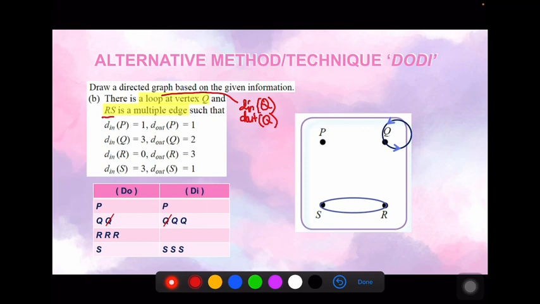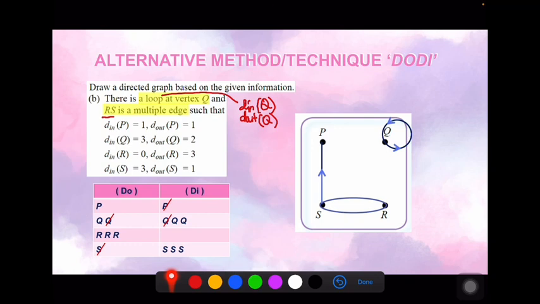Okay, now let's consider the letters from the table one by one. Now we are going to draw an edge from S to P. So we have an arrow coming out from S, which is D out, and going into P, which is D in.